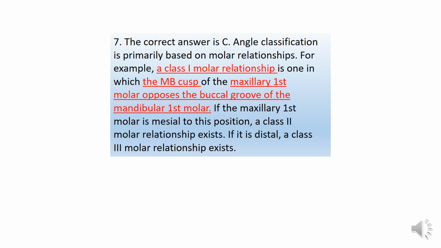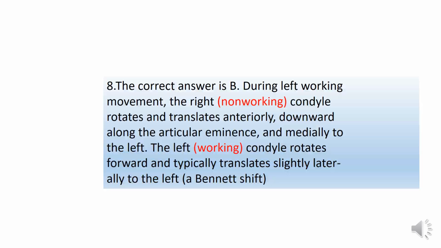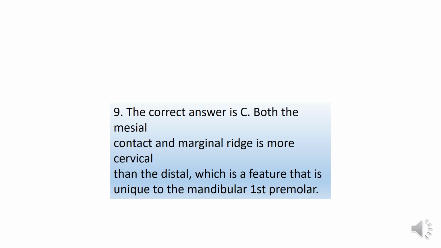If the maxillary first molar falls into the mesiobuccal groove of the mandibular first molar, it is class 1. If the maxillary first molar moves mesial to this position, it is class 2. If distal, it is class 3. Remember by heart. It will move to anterior, then downward and medially. That is mandibular first molar.